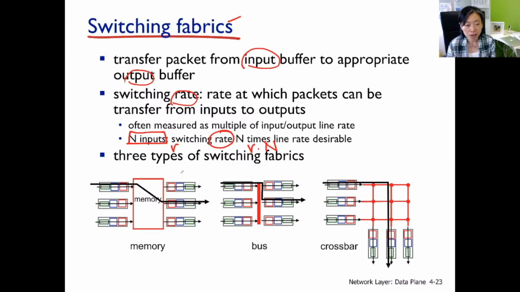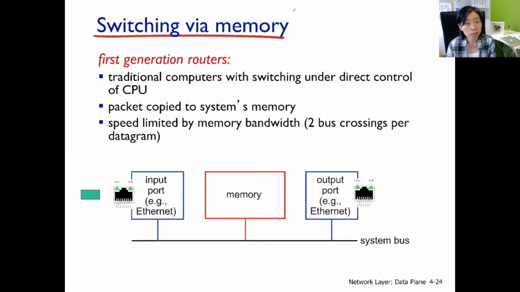What we're seeing here are 3 different architectures of switching fabric. Memory is generation number 1, bus is number 2, and the modern ones, generation 3, are the crossbar architecture. Now let's go over them one by one. First generation, switching via memory. The architecture of the switching fabric is very much like a traditional computer, where we have a CPU, memory, and then hard disk.